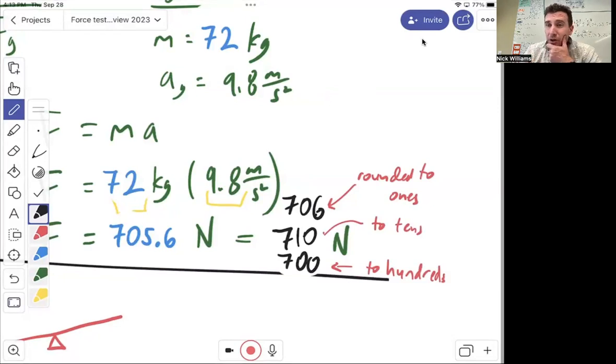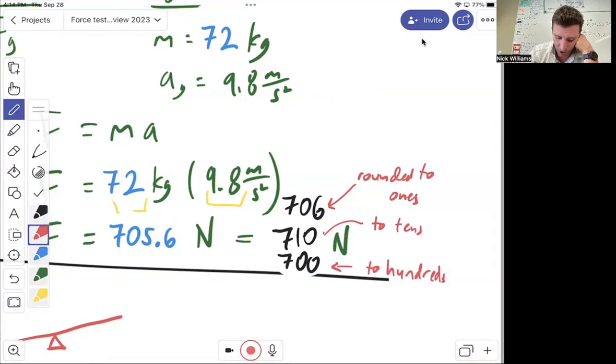In chemistry, you'll want to be more precise with significant figures. In physics, we just want to give an answer that makes logical sense and sounds like a valid number. So in this case, I would accept either 706 or 710 or 700, depending on which value you wanted to round to. If I had to take a preference, I'd probably go 710 because that would be the number of significant figures.